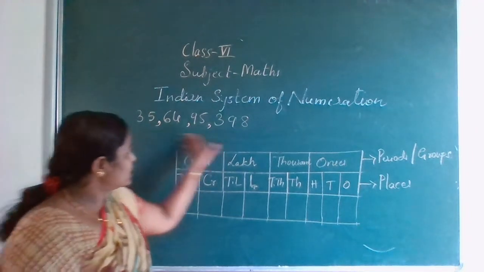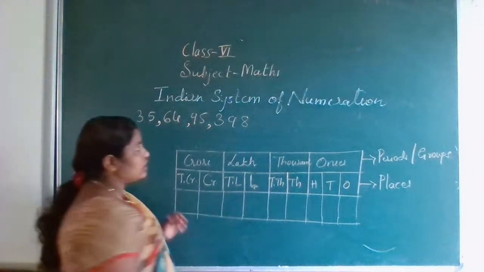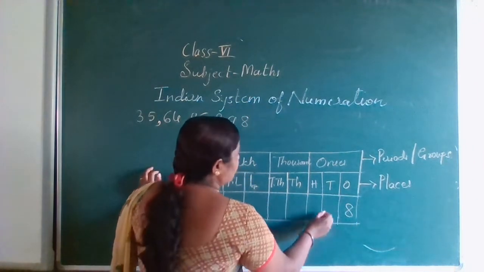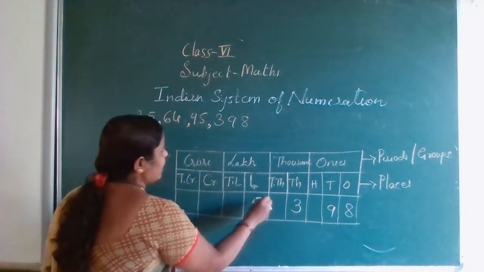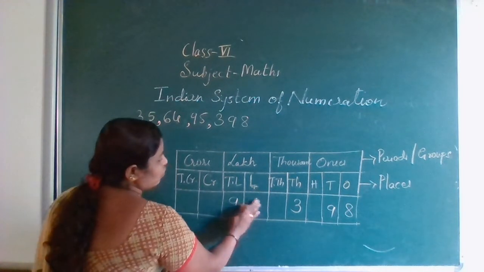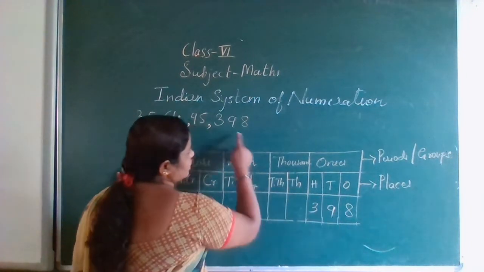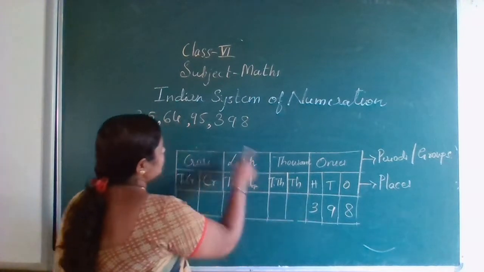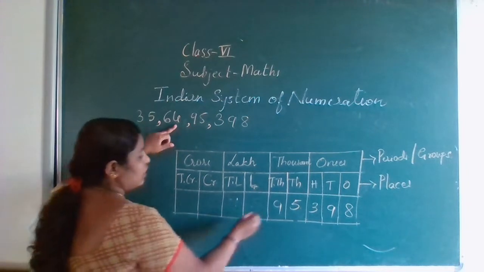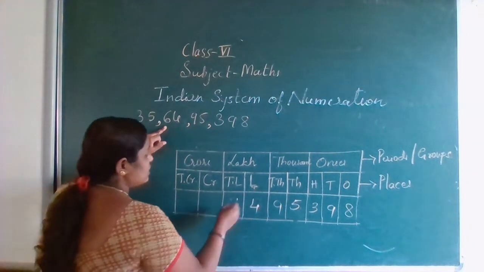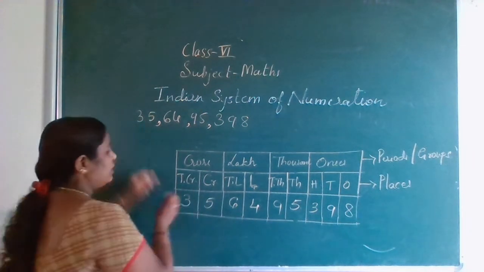Got it? So this number we will write in a place chart. 8 ones, 9 tens, 3 hundreds, then 5 thousands, 9 ten thousands, 4 lakhs, 6 ten lakhs, 5 crores and 3 ten crores.